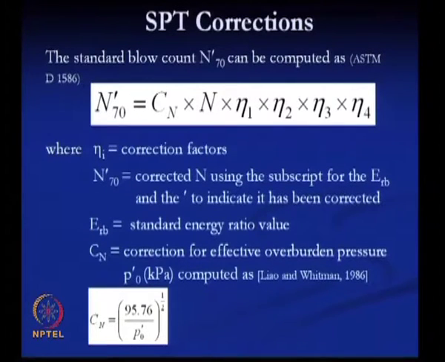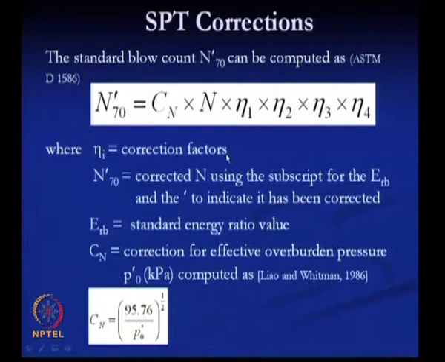Near the ground surface the effective overburden pressure is less, and when you go into the deeper strata, the effective overburden pressure is very high. That is why some correction is required due to the lower and higher effective overburden pressure in different soil strata.